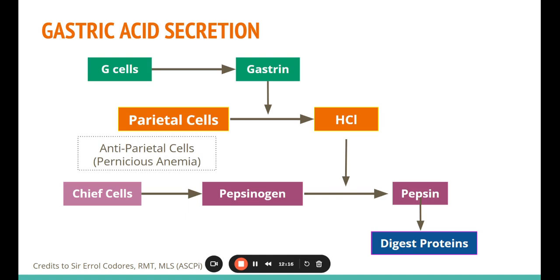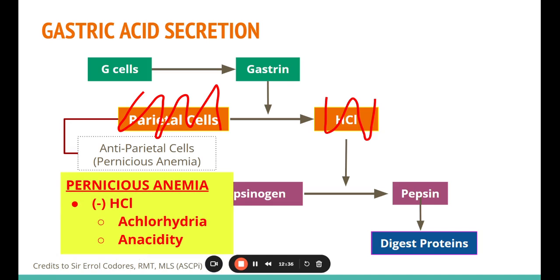This antibody will bind to the parietal cells and destroy them. Since the parietal cells are destroyed, the HCl can no longer be produced. That is the characteristic of pernicious anemia: there is absence of HCl production, which is called achlorhydria or anacidity.